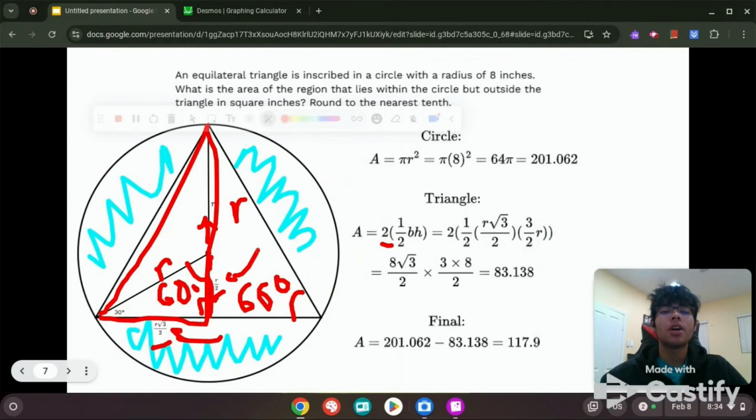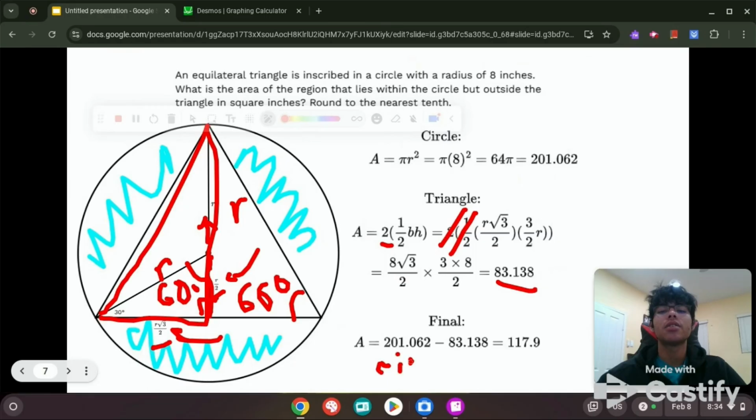So r plus r over 2 is just 3 over 2 r, or 1.5r. Now we know our base and our height. We see that it's 2 times 1/2 because the area of a triangle is 1/2, but those just cancel out. So we get 8 root 3 divided by 2 times 3 times 8 divided by 2, which is equal to 83.138. And now all we have to do is subtract our circle from our triangle.